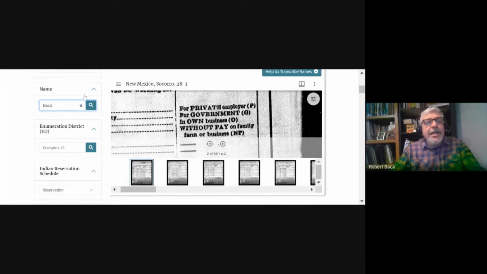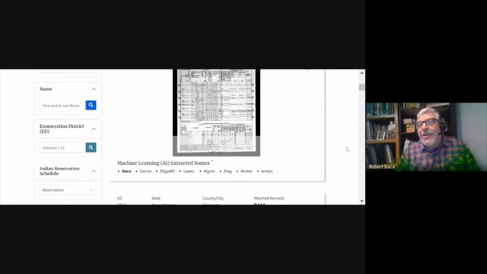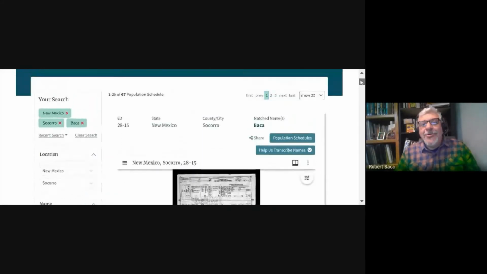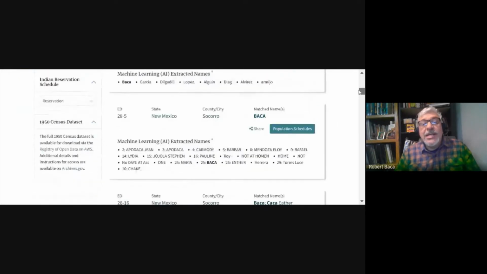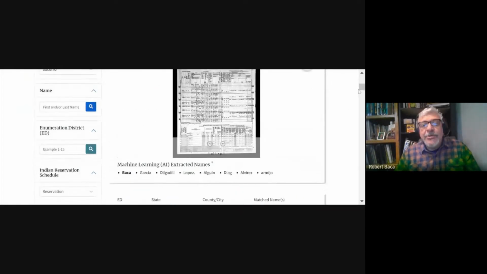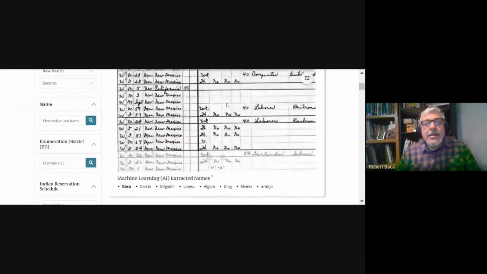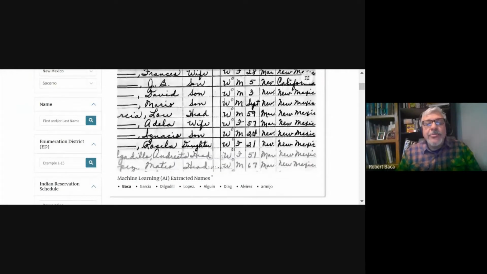Also, if you're going to look for the name Baca, you're going to get a lot of names in Socorro. Baca, a very common name, but it gives you different things. Like, for instance, it shows here in the enumeration district 28-15, you have a Baca on line 15 or 25 rather. Sorry. So you click on that and you look for line 25.